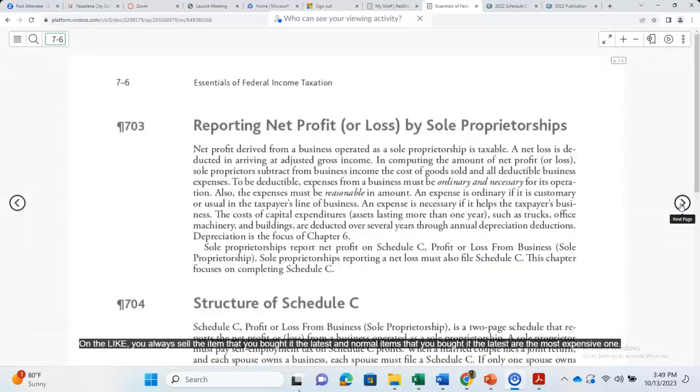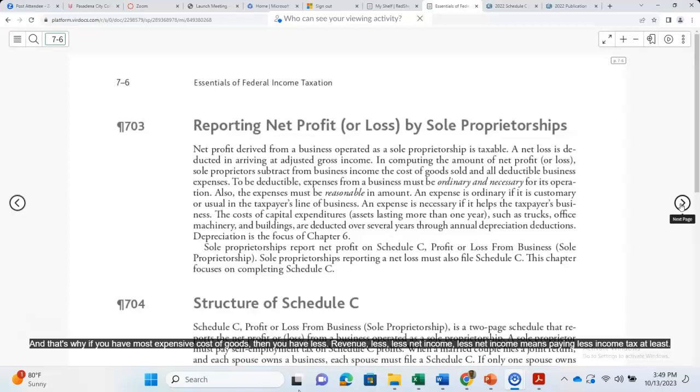Under LIFO, you always sell the item that you bought the latest. And normally the items that you bought the latest are the most expensive ones. That's why if you have the most expensive cost of goods sold, then you have less revenue, less net income.